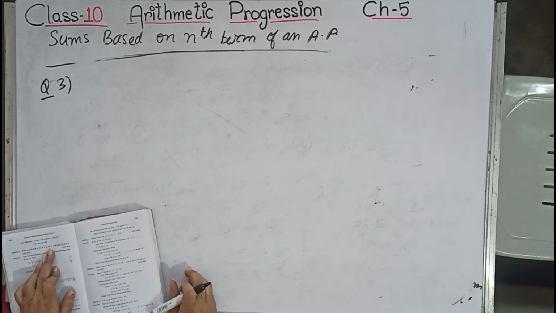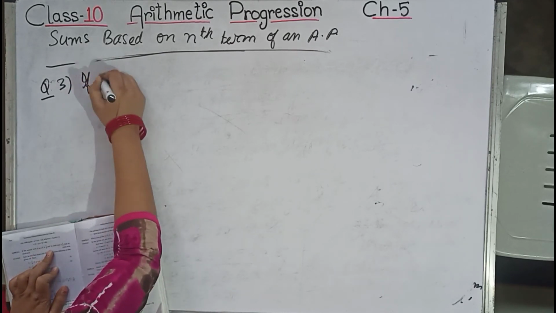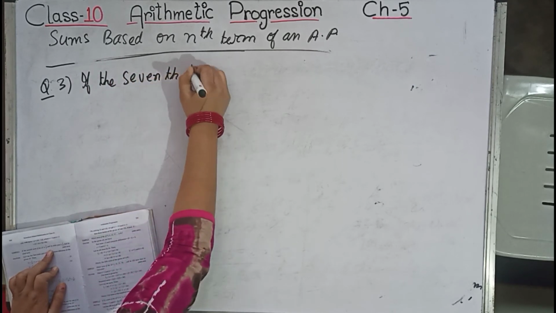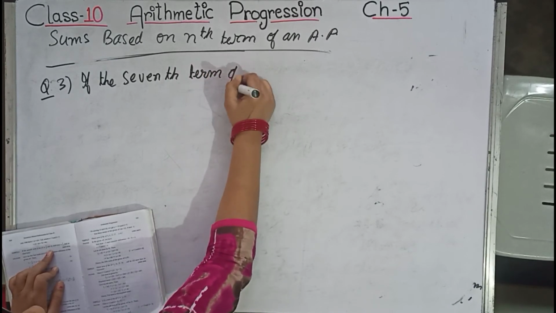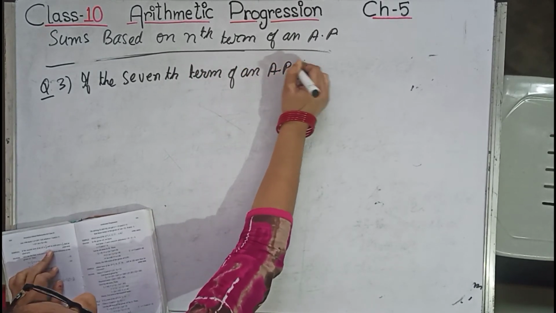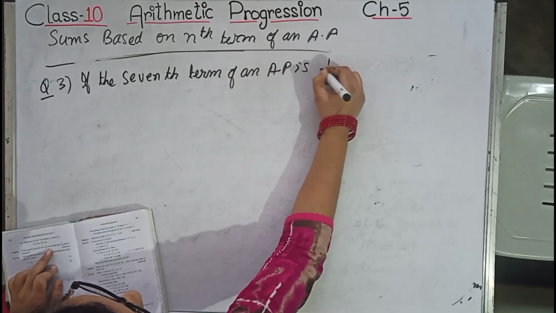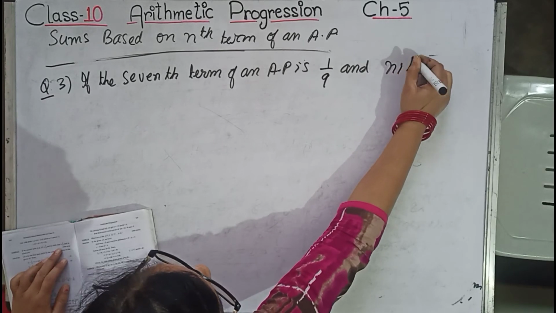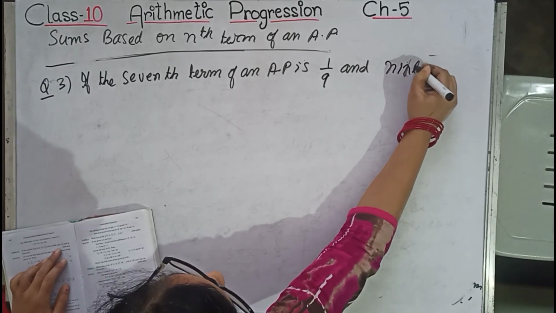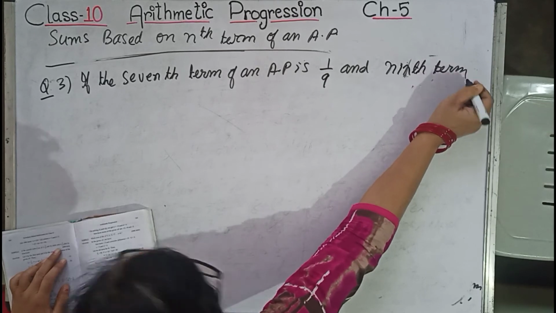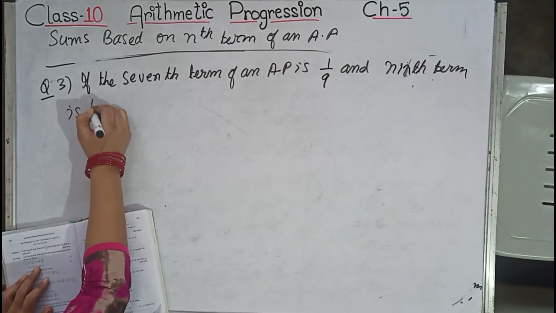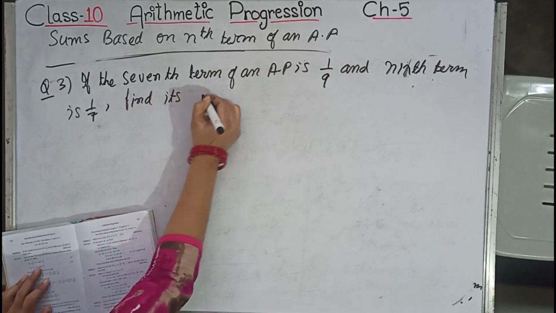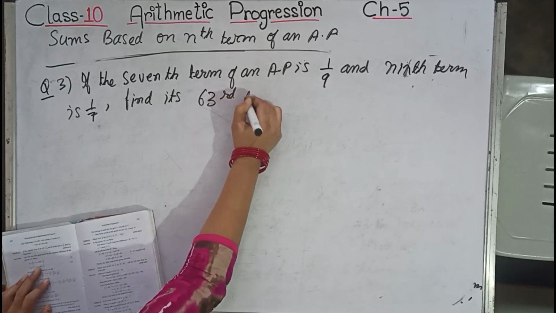The question is: if the seventh term of an AP is 1 by 9 and the ninth term is 1 by 7, find its 63rd term.